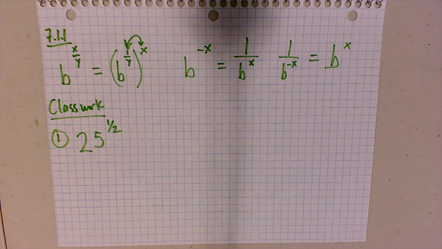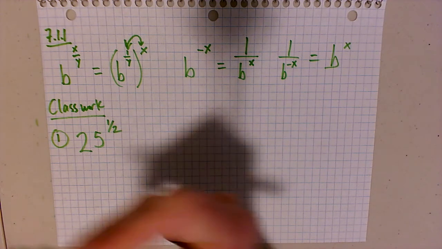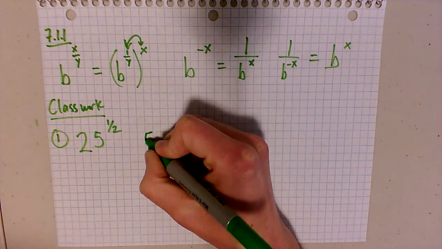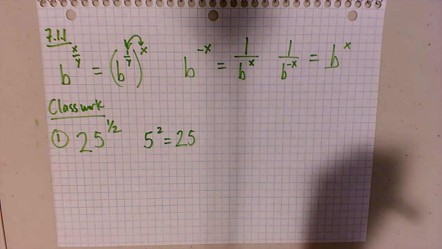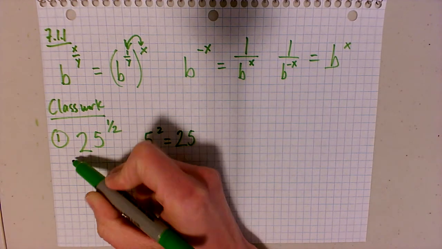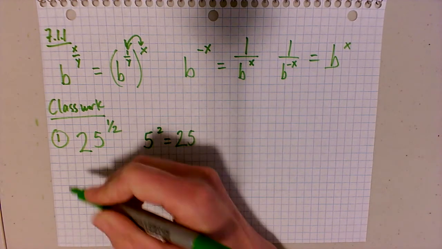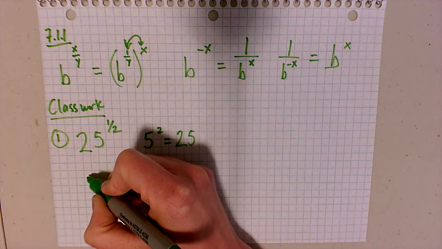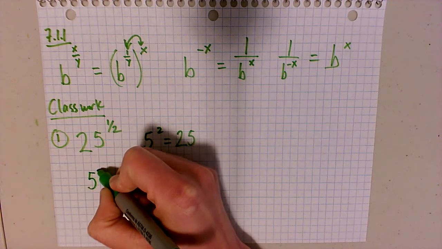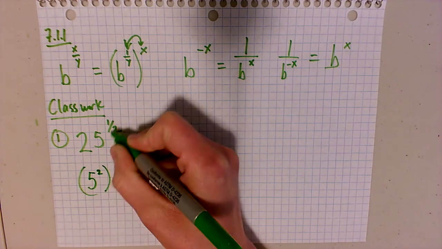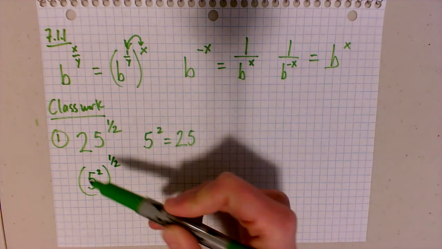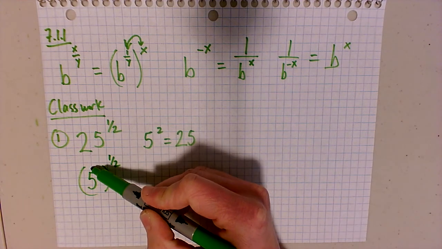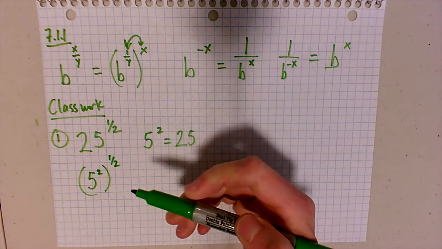And so hopefully at this point you remember that 5 squared is 25. So then if you remember that, we can take this whole 25 to the 1/2 and rewrite it. Instead of writing 25, I'm going to write it as 5 squared, and then my exponent of 1/2 I keep on the outside. Okay, so I'm just taking my 25, replacing it with 5 squared, and I keep my exponent of 1/2.